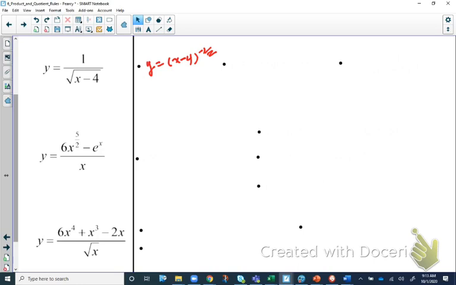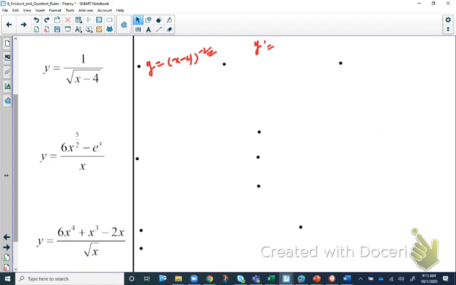But here, we don't have to worry about anything inside of the parentheses because it's just x to a power of 1. So anything that we would take the derivative of on the inside isn't going to matter because I would just have a 1. So we just use our normal power rule here.